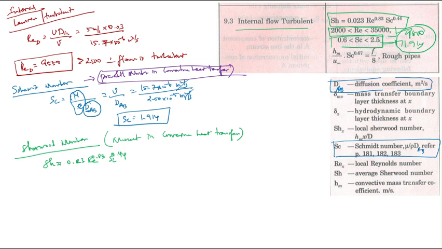In the Nusselt number, the convective heat transfer coefficient is written as HD divided by K. But here, it is the Sherwood number. The Sherwood number is H into D divided by DAB.